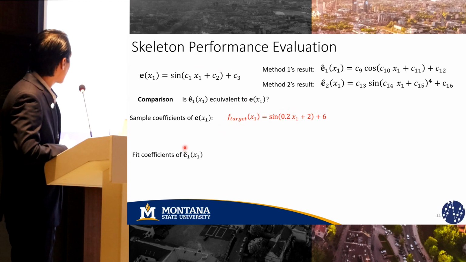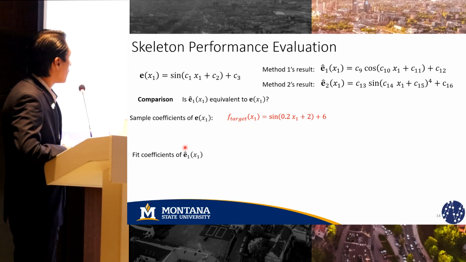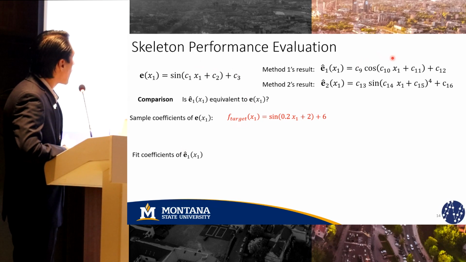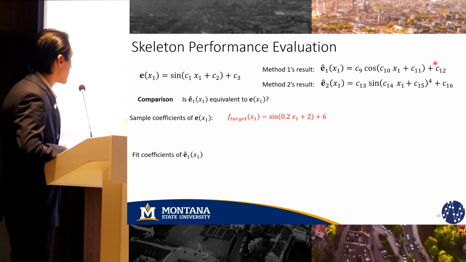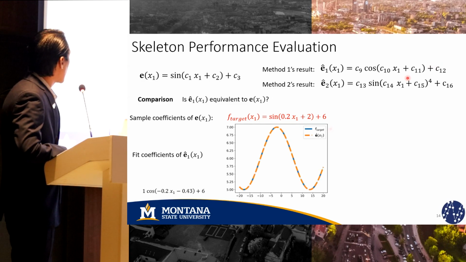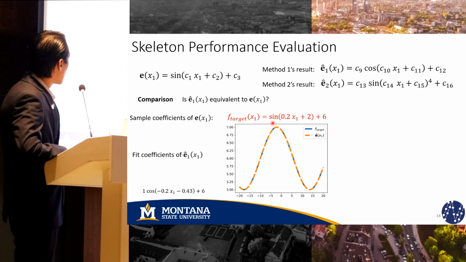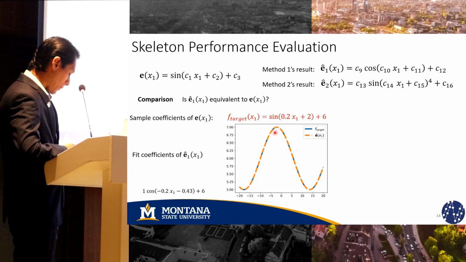And now using that data, I can fit the coefficients for this skeleton. Again, if they are equivalent, I should be able to find a combination of these values that is going to minimize the distance between the two functions. And I would obtain an expression like this that is equivalent to this one here. Basically, I'm minimizing the distance between them.